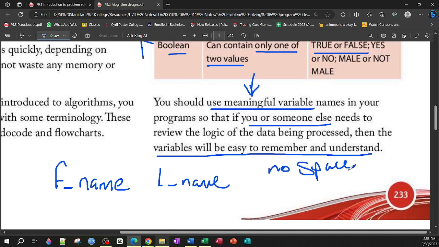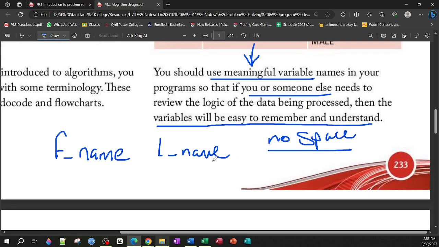Same as database, no space. We use either no space or underscore, period, hyphen, whatever the case, but no space. The name must be meaningful, must make sense. Once we look at it, we should be able to recognize it. So we name something VAT. We name it discount.